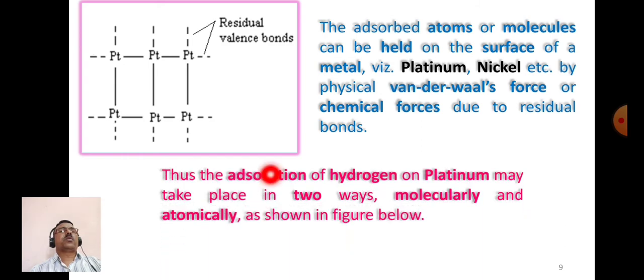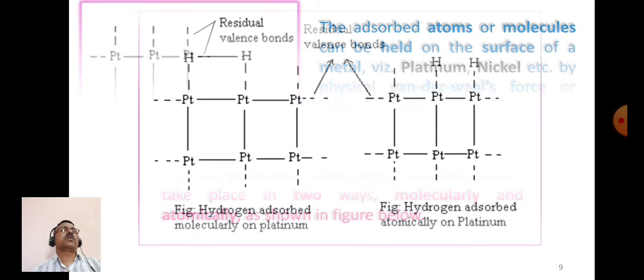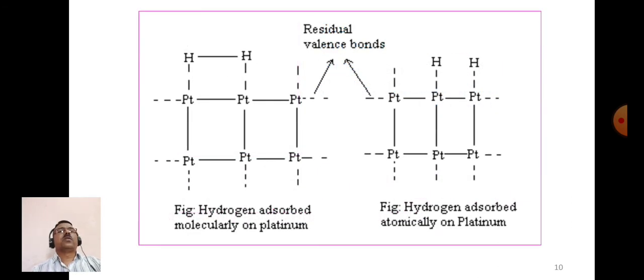This adsorption of hydrogen on platinum may take place in two ways, either molecularly or atomically. It is shown like this. In this figure, when the temperature is raised, the bond between these two hydrogen atoms is ruptured.